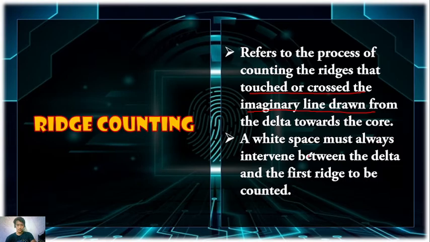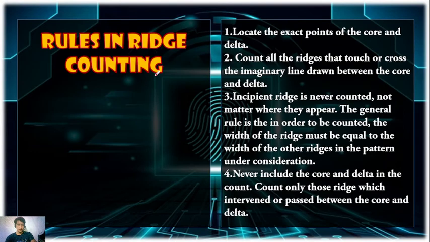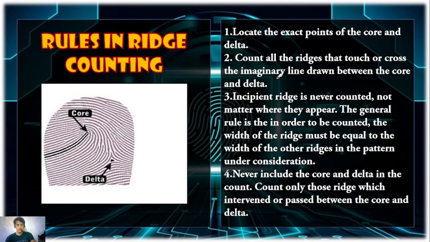A white space must always intervene between the delta and the first ridge to be counted. That's why there are rulings, or guidelines, on what we are going to include in ridge counting. So let's try to have this illustration.